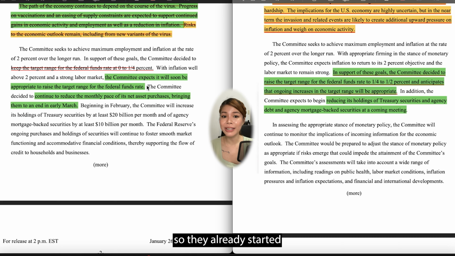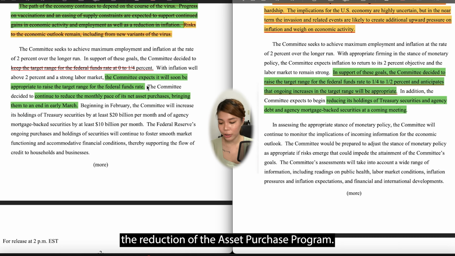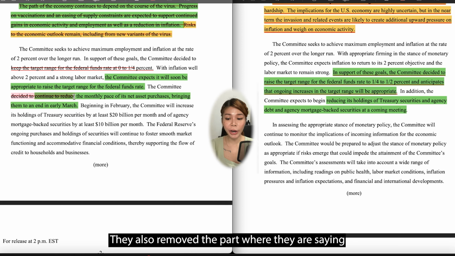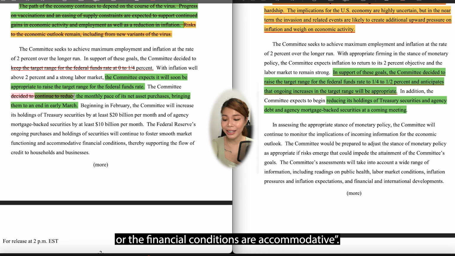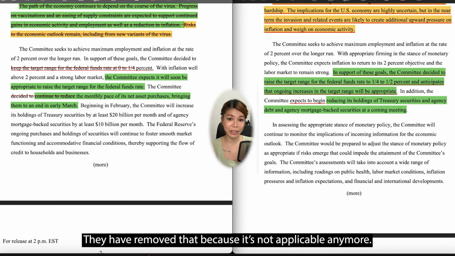So they already started the reduction of the asset purchase program. Right? They also removed the part where they are saying that the financial conditions are accommodative. They have removed that because it's not applicable anymore.